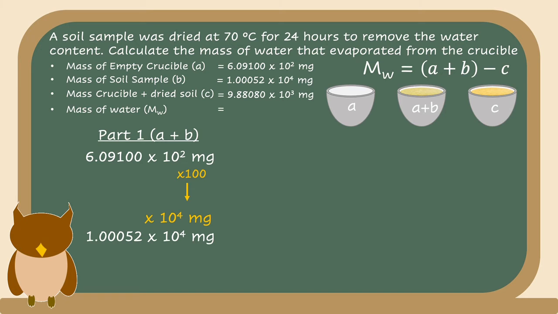If we multiply by 100, we will get 10 to the power of 4. And to keep the number the same, we must divide the coefficient by 100 and shift the decimal point 2 places to the left.